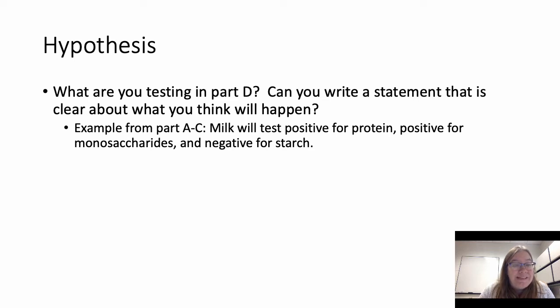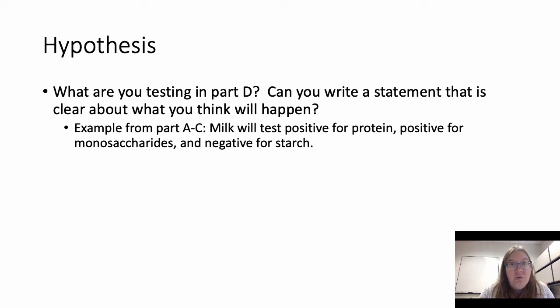I wanted to give you an example. So if you read through parts A through C, we are detecting protein, monosaccharides, and starch. And a hypothesis, so if I bought some milk and want to test it, I would hypothesize that milk will test positive for protein, positive for monosaccharides, and negative for starch. And that is based on my knowledge of what milk is and what it contains.